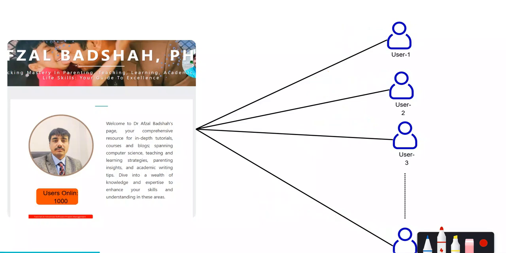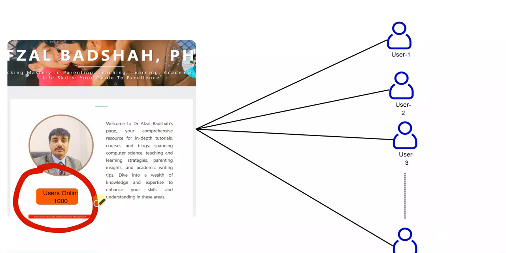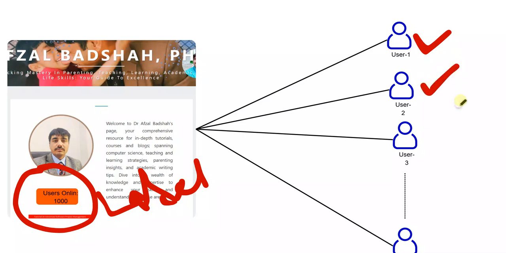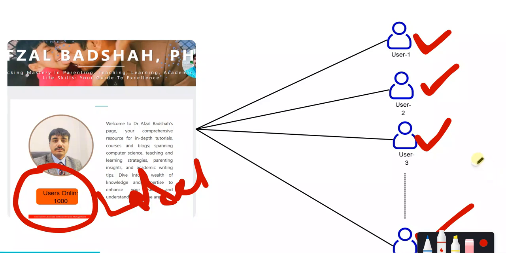So what you want to do next is to display one label, and in that label you show how many visitors are online at that time. So if there are n visitors or 1000 visitors, this will be shown to user 1, also to user 2, user 3, and user n or 1000 users also.